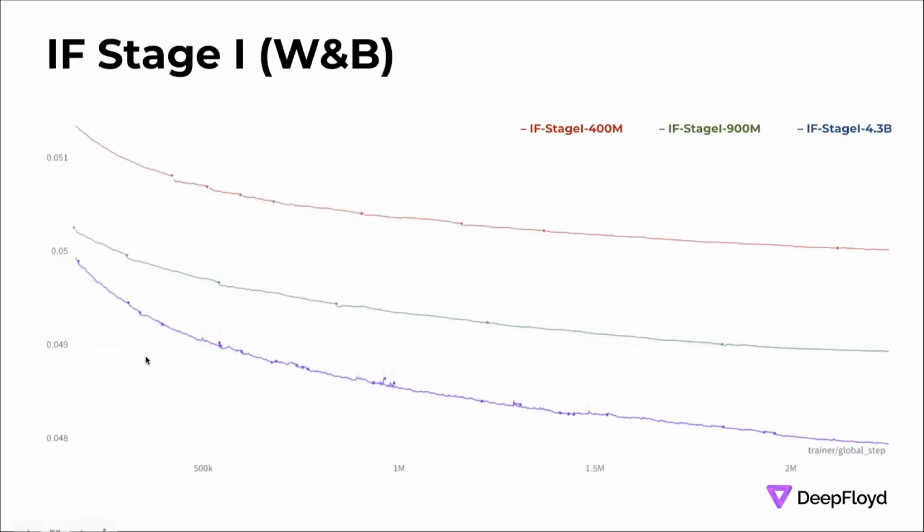We have 3 stages of our model, and by using Weights and Biases we saw how the 3 sizes of the first stage behave. I mean, the first stage is the text to 64 by 64 model. You can see that the smallest model is not as good as the largest two. So Weights and Biases gave us the opportunity to validate and see what happened.